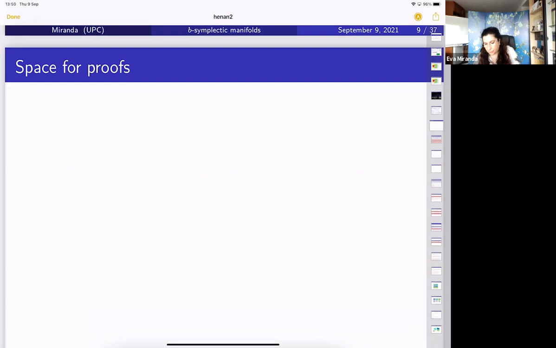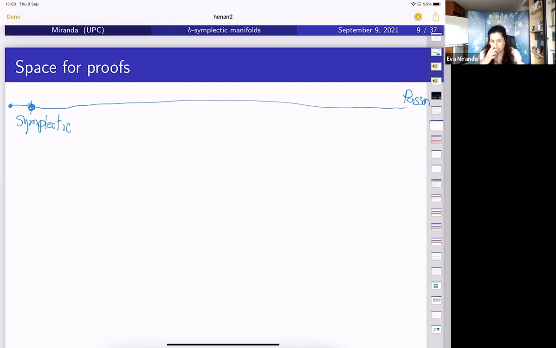If I have to put things on a line, I would write symplectic here. Indeed, this is the Poisson line, and in the Poisson line, symplectic would be the first example of a Poisson structure. Well, I also have the 0 structure here, but symplectic would be an important class.